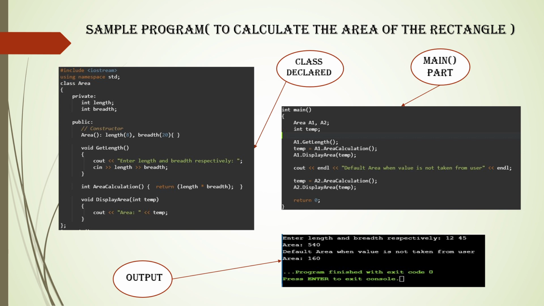Then the area for the object A1 is calculated and stored in the variable temp by calling the function area calculation, and finally it is displayed. For object A2, no data has been asked from the user, so the length and breadth remain 8 and 20 respectively. Okay, and we got the respective outputs.